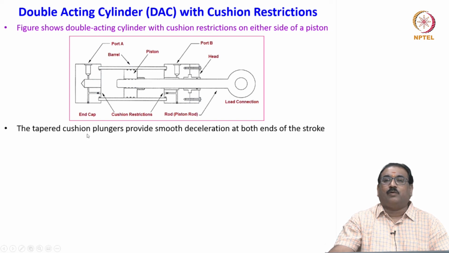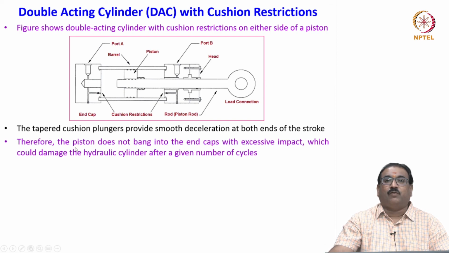The tapered cushion plunger provides a smooth deceleration at both ends of the stroke. Therefore, the piston does not bang into the end caps with excessive impact, which could damage the hydraulic cylinder after a given number of cycles.